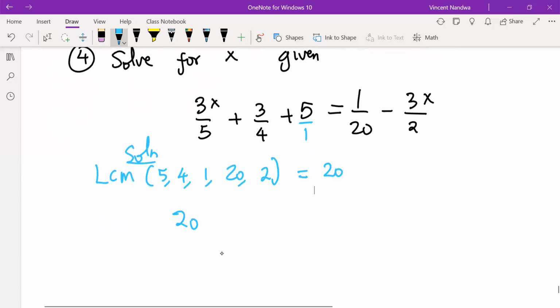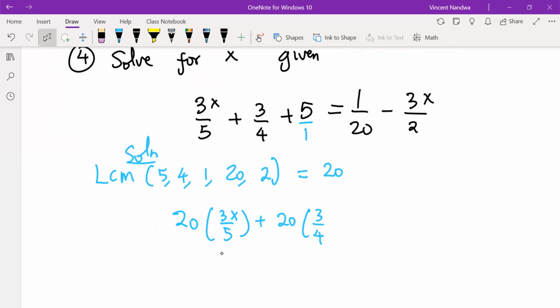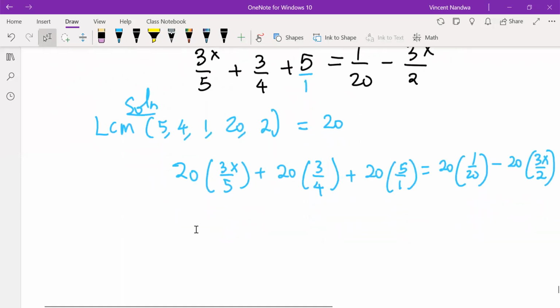So we'll have 20 times 3x over 5 plus 20 times 3/4 plus 20 times 5/1 equals 20 times 1/20 minus 20 times 3x over 2. Then remove the denominators.